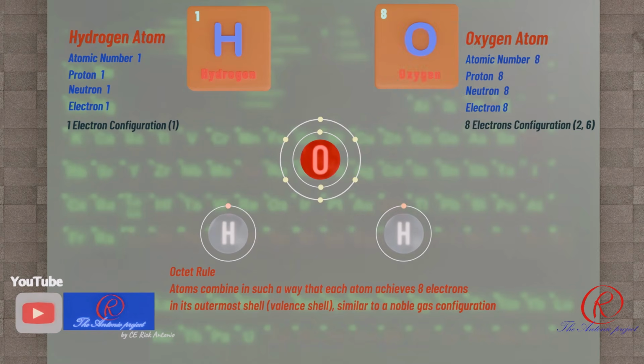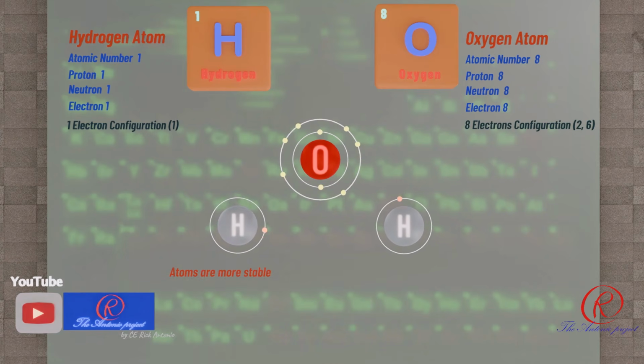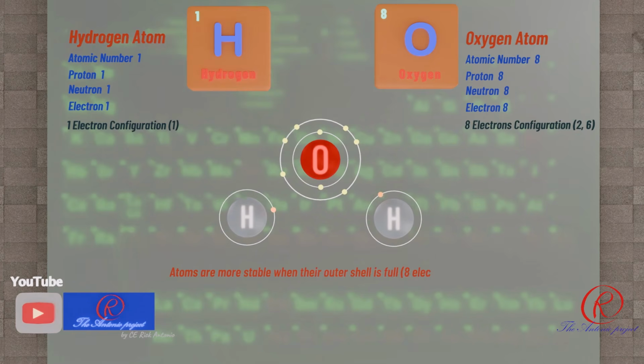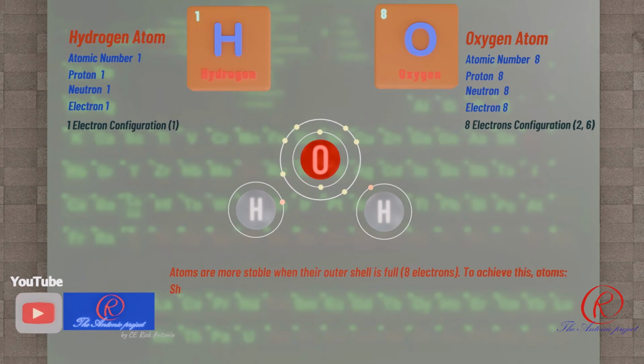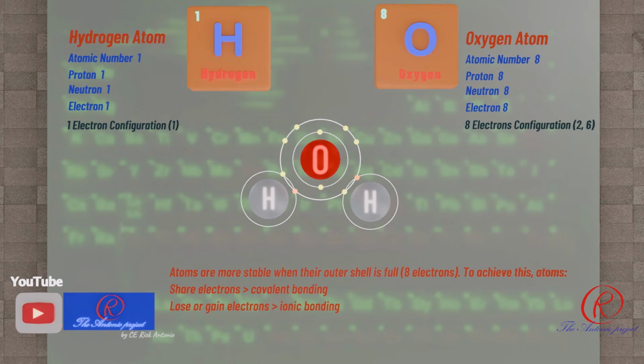Atoms are more stable when their outer shell is full, or 8 electrons. To achieve this state, atoms will either: 1. Share electrons, known as covalent bonding, or 2. Lose or gain electrons, known as ionic bonding.